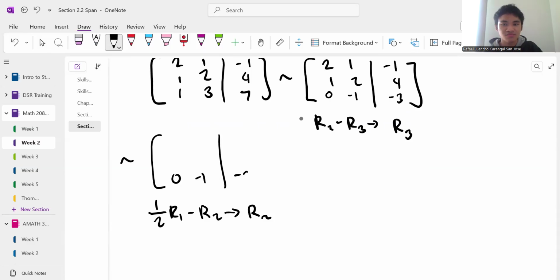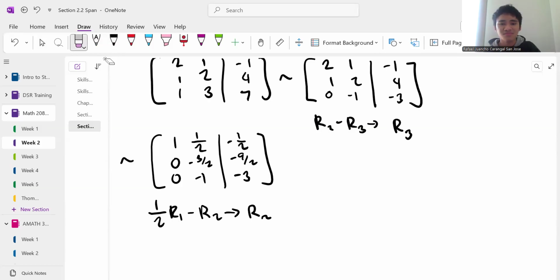This one stays the same. This one changes. 2 becomes a 1, a half, negative a half. 1 minus 1, 0. 1 half minus 2, so that's negative 3 halves. Then we have negative a half minus 4, so that's negative 9. Then we could multiply these two things by 2. This becomes 2, 1, negative 1.